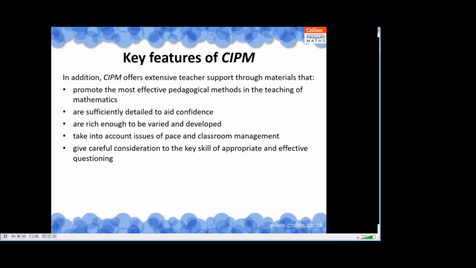Give careful consideration to the key skill of appropriate and effective questioning. Provide a balance of teacher intervention and learner participation, a very important feature of interactive whole class teaching.